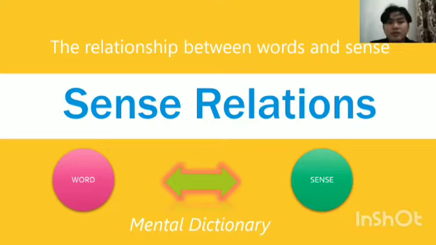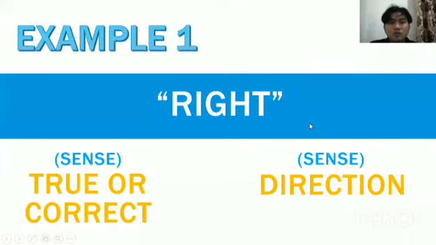Okay, next page. For the example, there is a word right, and the word right has multiple senses. As you can see, right can have several meanings.